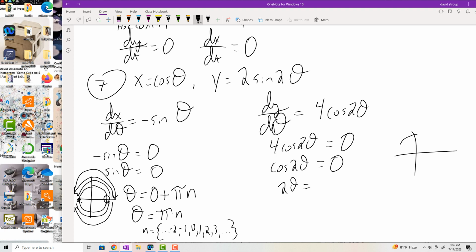So cosine is equal to 0 at pi over 2, and then you can move over by pi, and you get 3 pi over 2, and then 5 pi over 2, or in the other direction as well, right? So you're starting at pi over 2, and then you can add in multiples of pi.